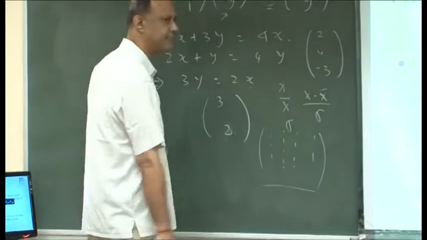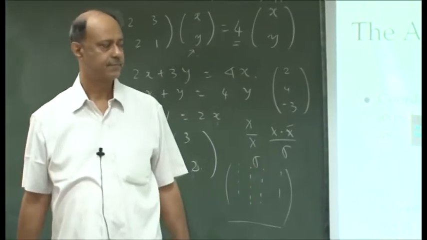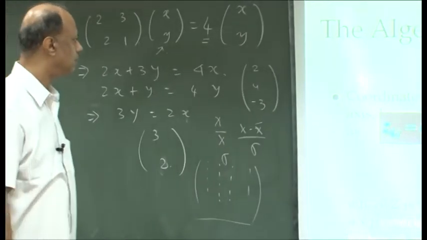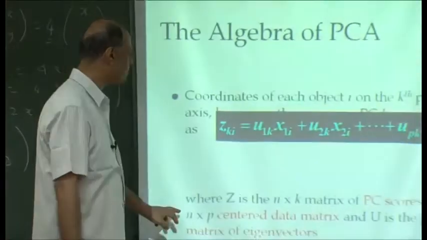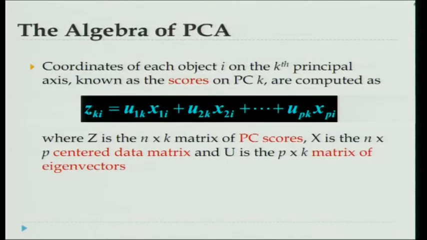This forms a matrix, that is your eigenmatrix. So you have X of size n cross P and U of size P cross K. So you will be getting Zki, the corresponding value with reference to the principal components.